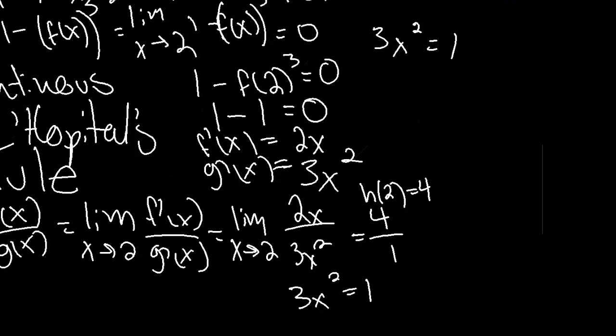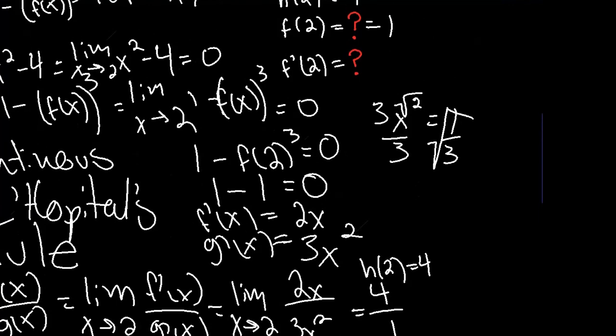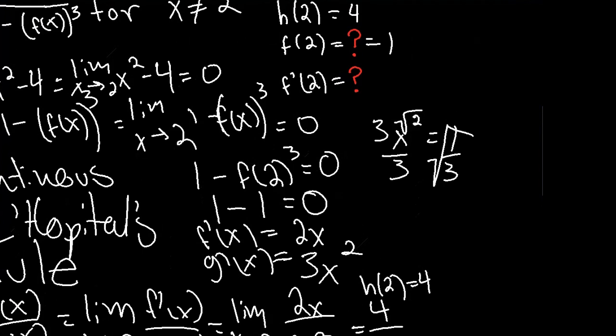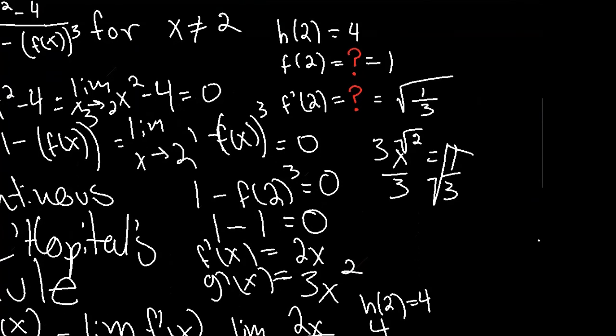And we're trying to solve for x. We're going to divide by 3 and then take the root of everything. And therefore, we go back here. When we plug in, it has to be equal to 1, or the root of 1 over 3. And these are our answers.